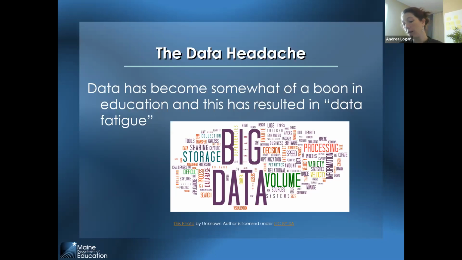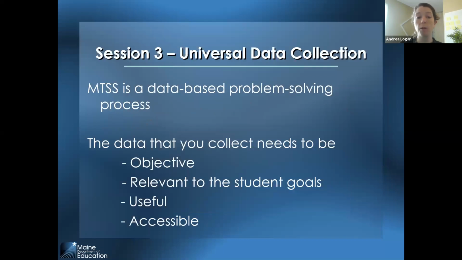There are probably many people in your school who get a headache when they think about data, or feel drained by the idea of having to navigate through it. One way to mitigate that is to concentrate on really precise data points that meet those 4 criteria we just talked about: objective, relevant to student goals, useful, and accessible.